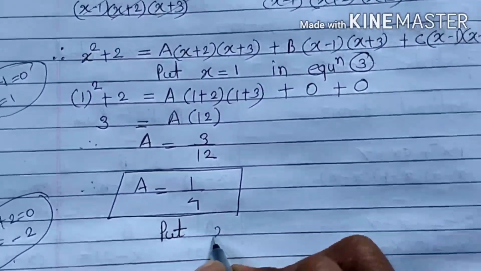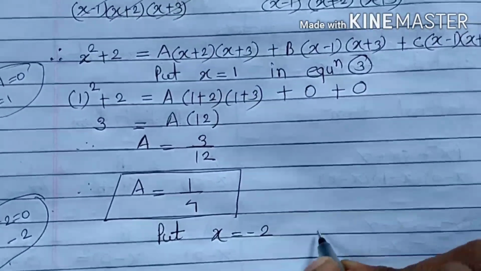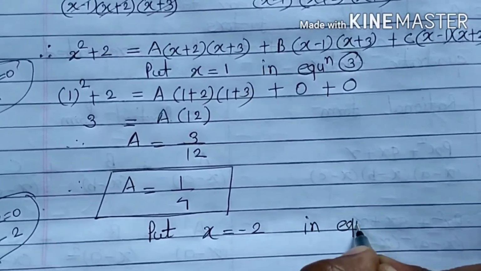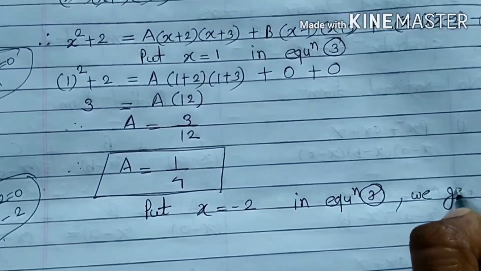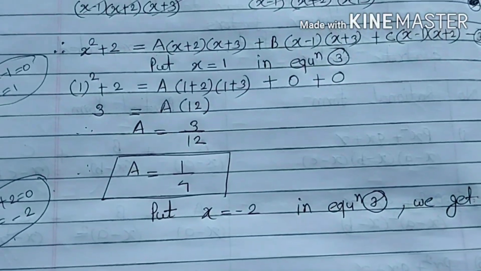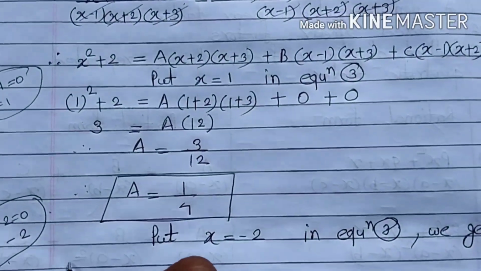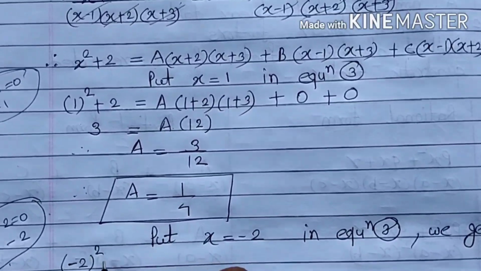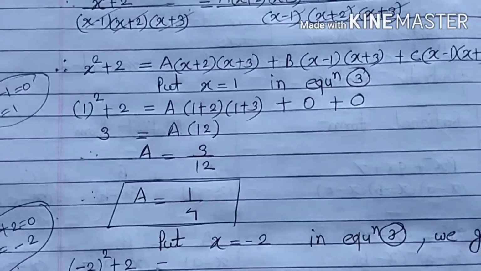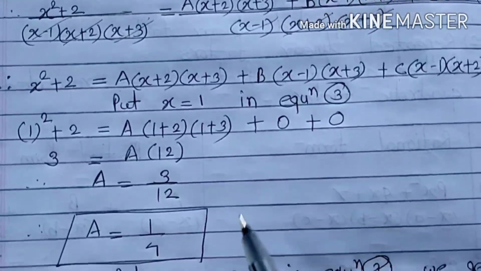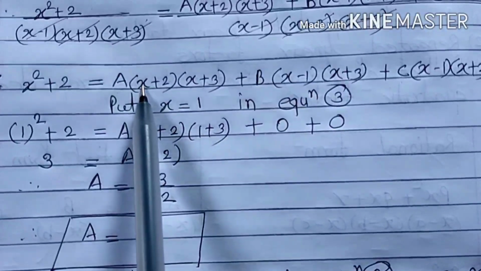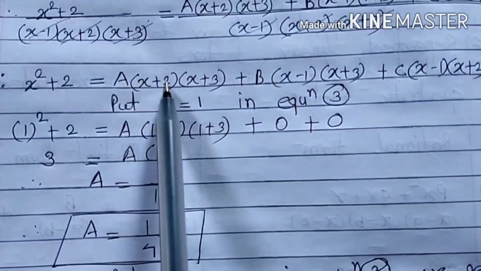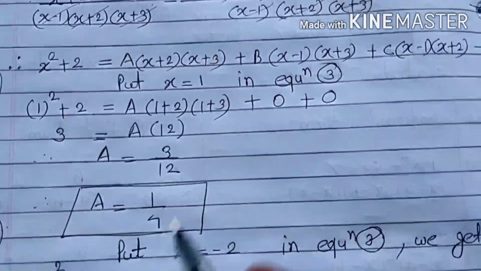Put x equal to minus 2 in equation 3. We get, so put the values minus 2 square plus 2, which is equal to. Now you can observe that if you put x equal to minus 2, then this minus 2 plus 2 gets 0. 0 into this 0, 0 into a is 0.